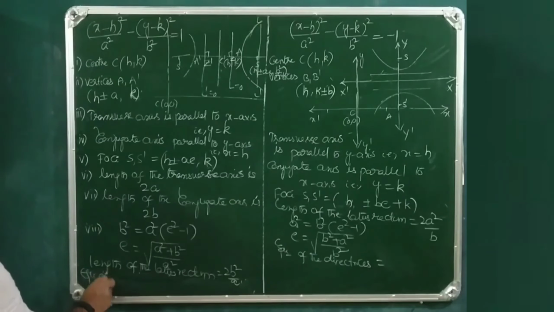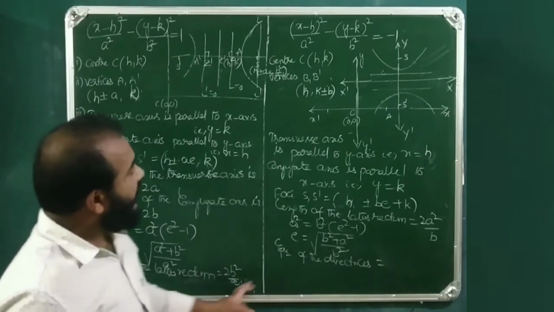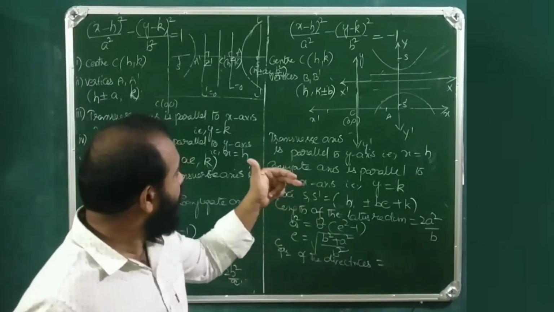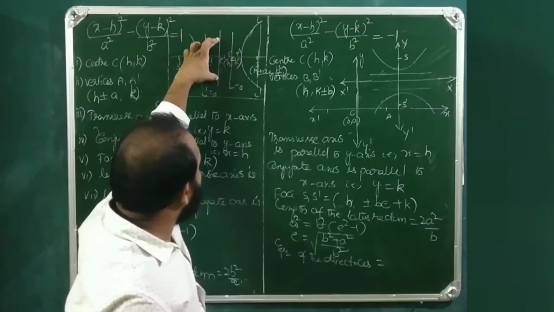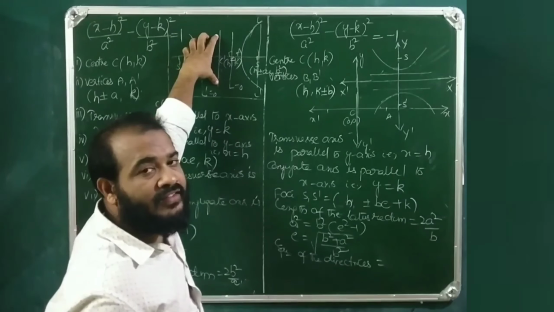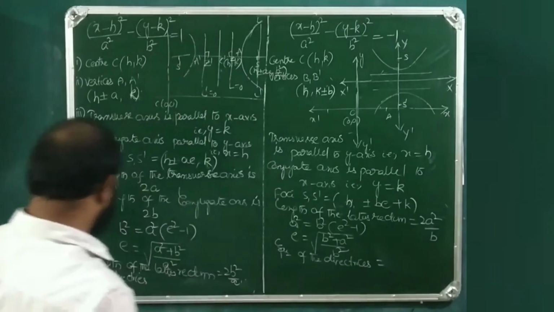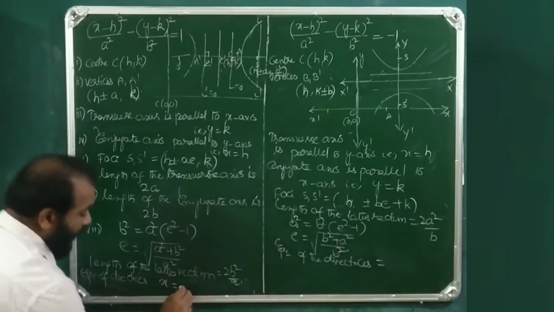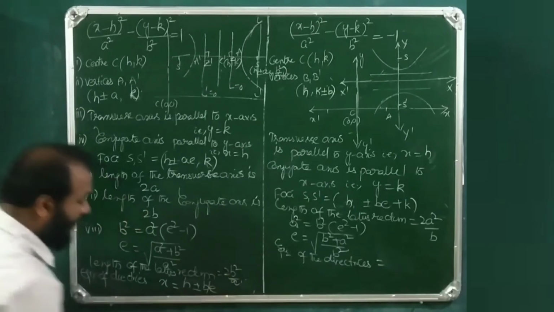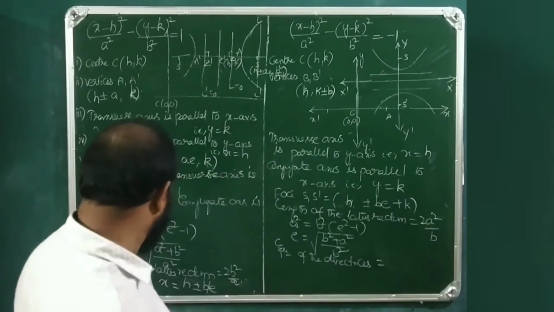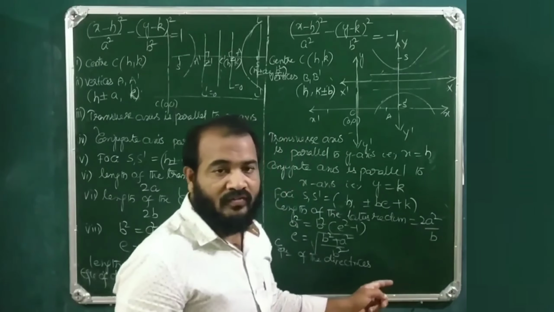Earlier, for x square by a square minus y square by b square equals to minus 1, the directrices are parallel to the x-axis, so y is equals to plus or minus b by e.